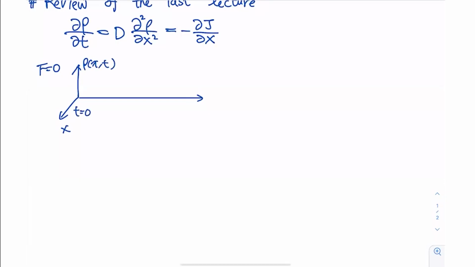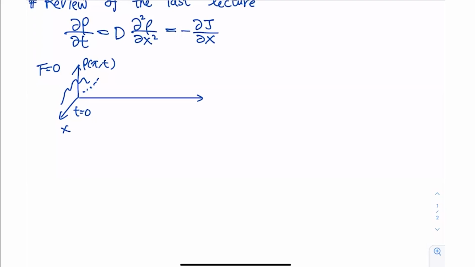At the beginning, at t equal to 0, maybe you will have some profile that looks very different. So with different initial conditions, we want to understand how this density profile evolves as a function of time.